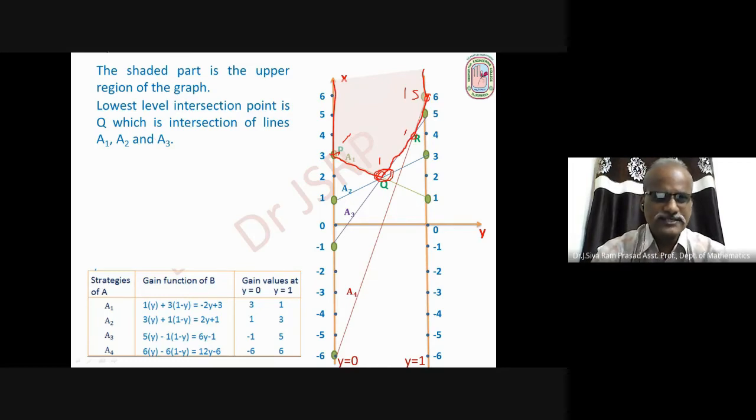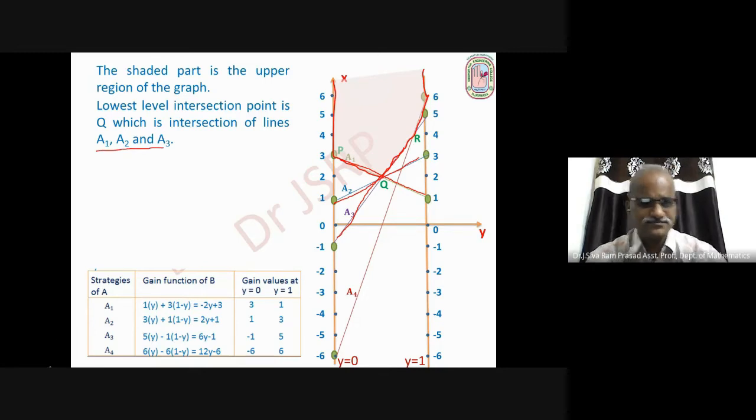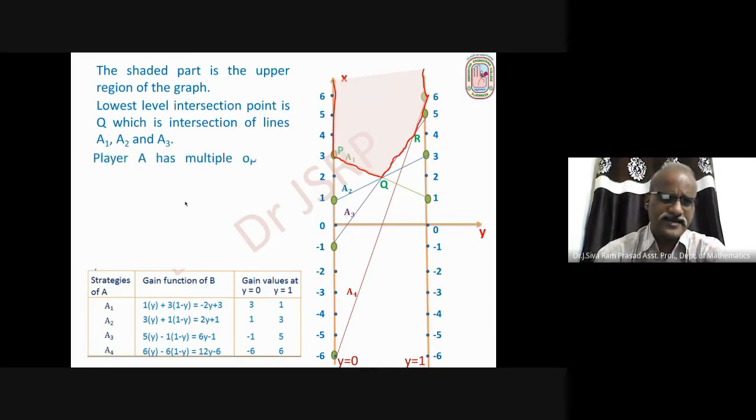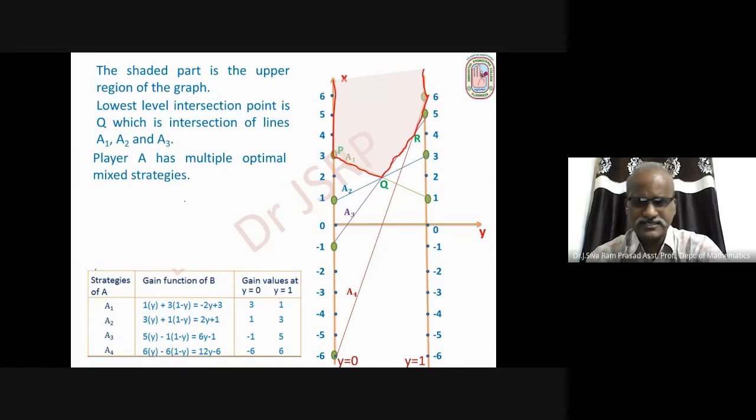Observe how many lines are passing through Q. 3 lines: the intersection of lines A1, A2, A3. There are more than 2 lines passing through this minimax point. Therefore, player A has multiple optimal mixed strategies, so we get multiple optimal solutions.